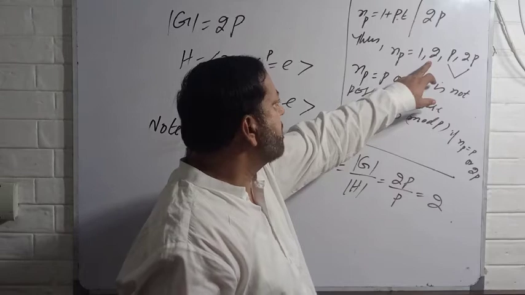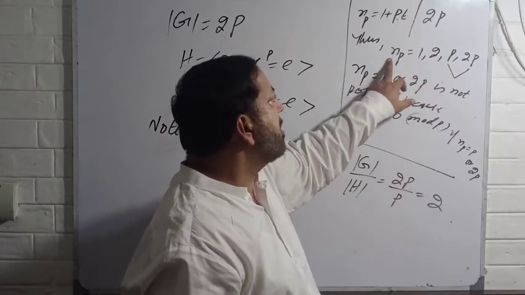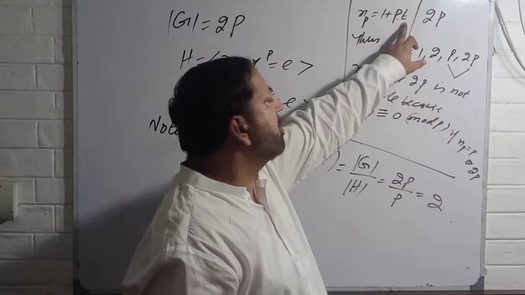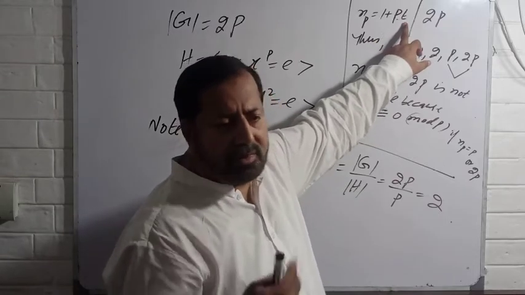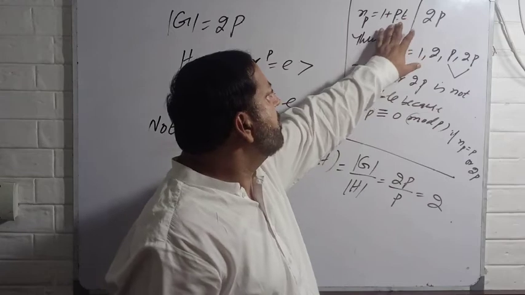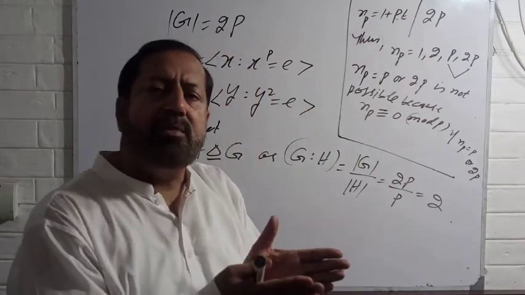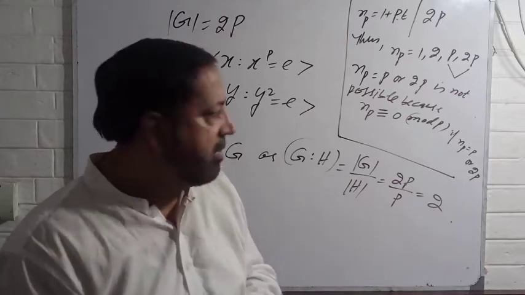Also n_p equal to 2 is not possible because p is an odd prime, so 1 plus pt is an integer that must be greater than 2, and a larger number can never divide a smaller number.